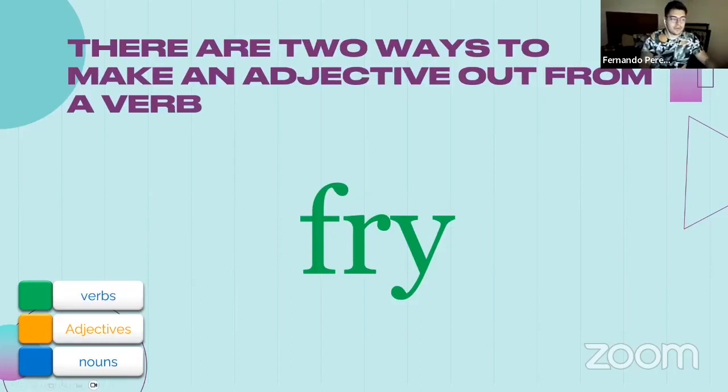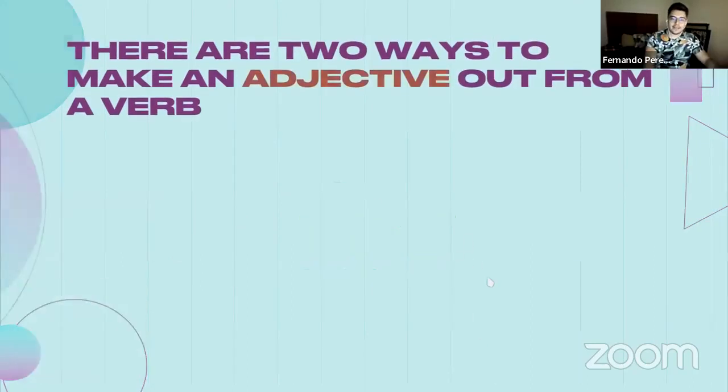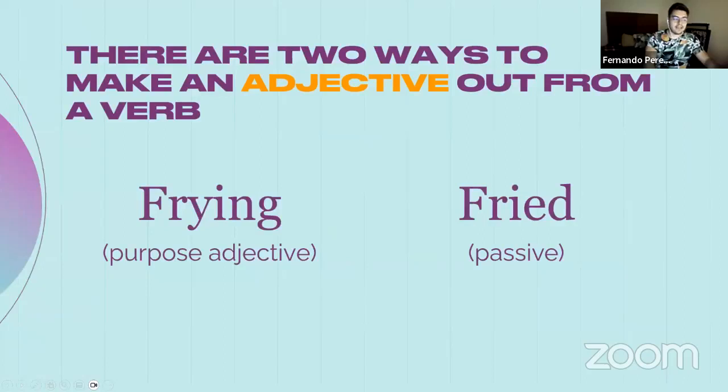If you add an ing to fry, you obtain an adjective of purpose. But if you make it in past participle, you can use it as an adjective too, as a passive voice adjective.